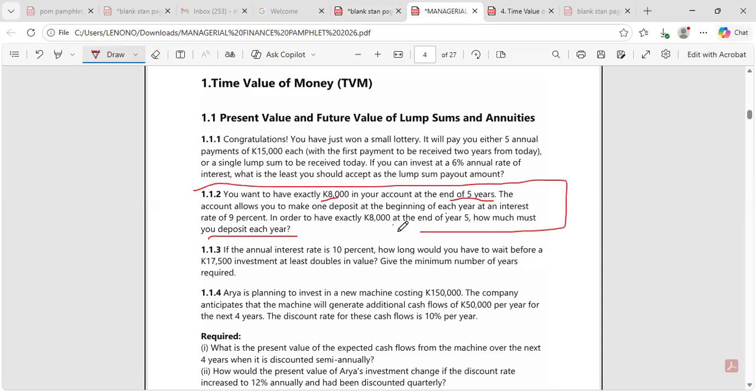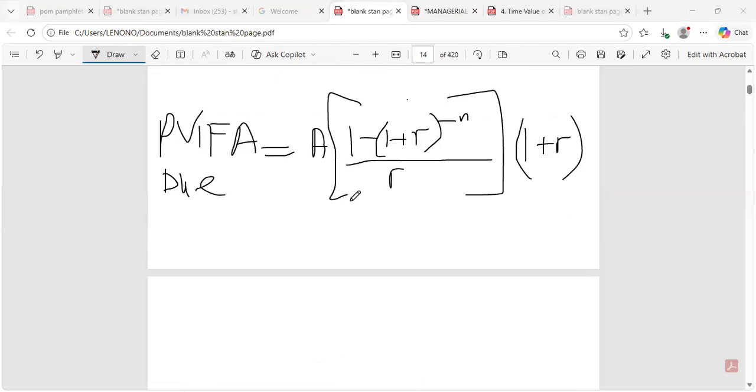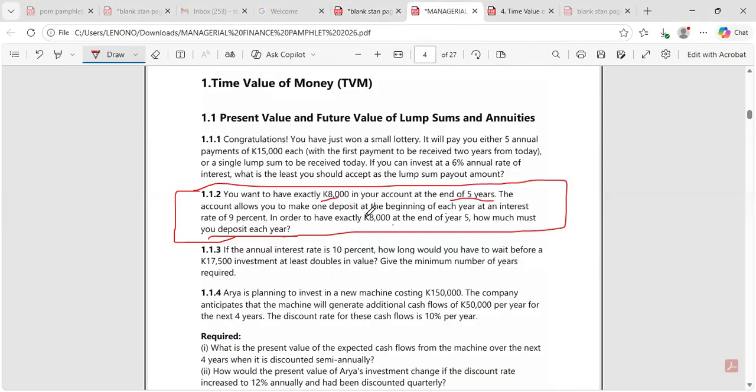Okay, and what is going to happen now is that you use the formula. So now they want us to find how much you must deposit each year.